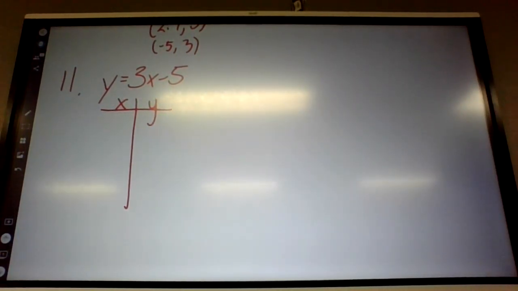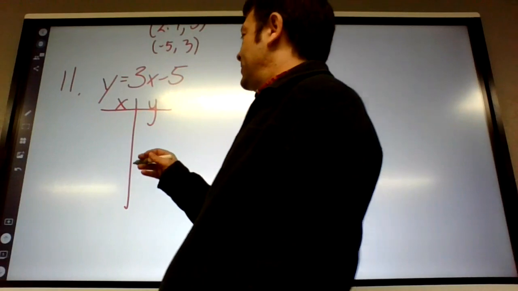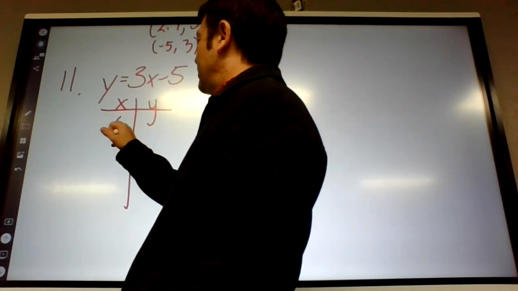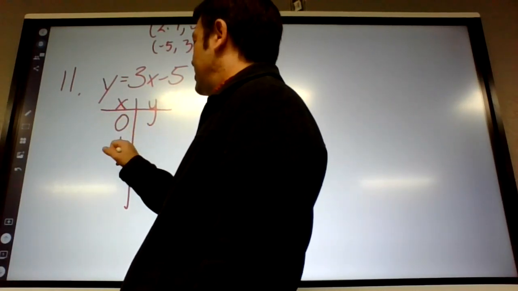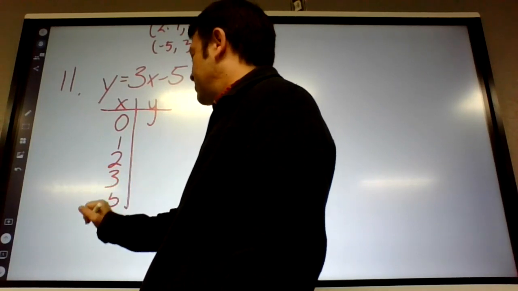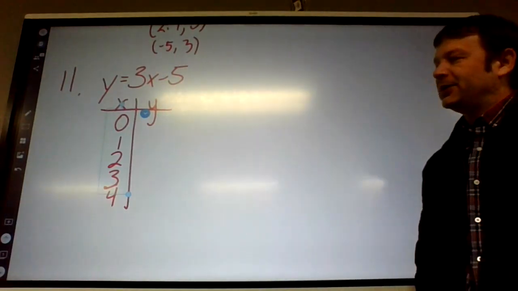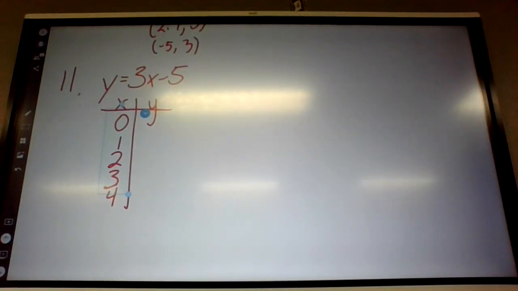Now it says 5 ordered pairs, so what x value should I use? -2. Well, since we're not graphing, even if you are graphing, you don't have to use those. But I would just choose maybe the 5 easiest, 0 through 4. Negatives kind of confuse people. Doesn't matter though. It just said use 5.